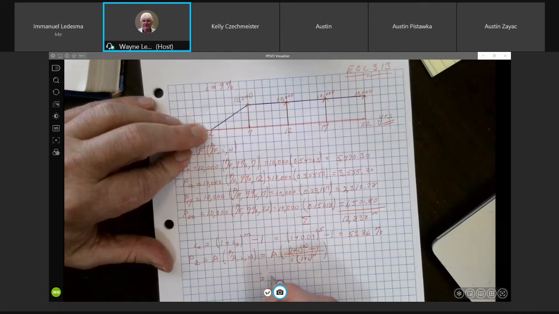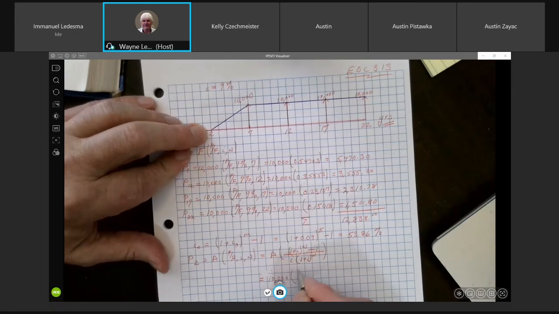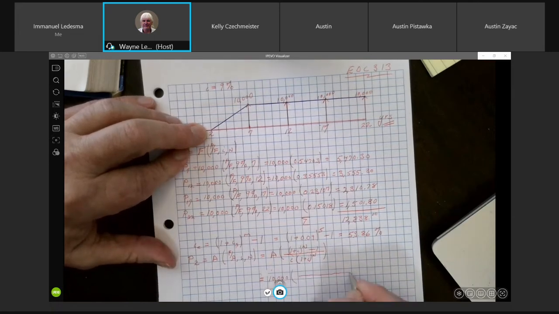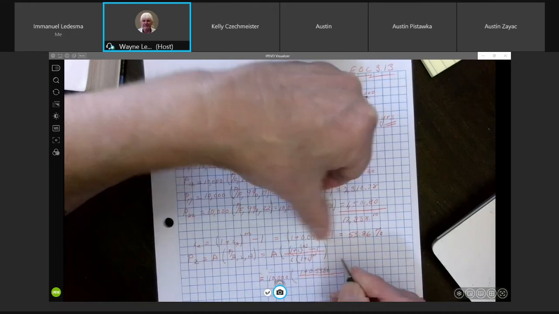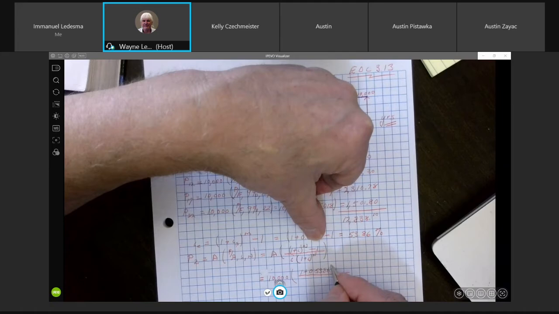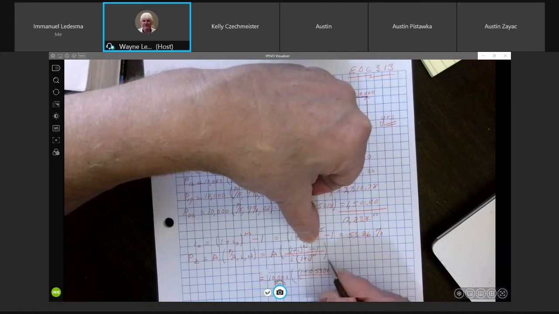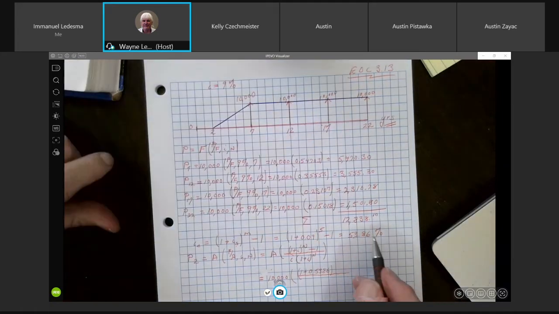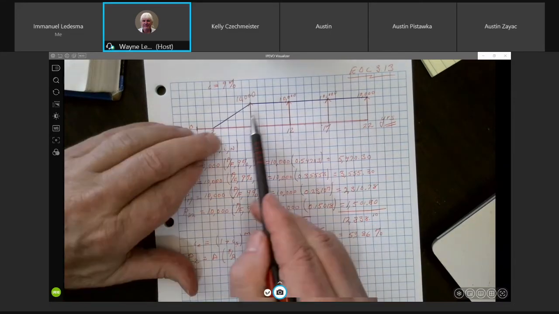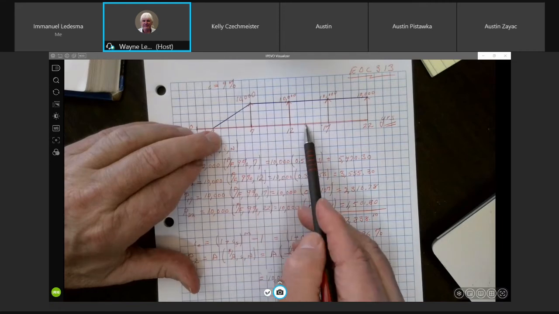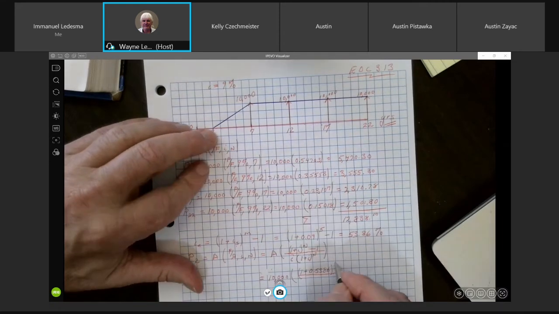So the annuity here is going to be 10,000 onto 1 plus the interest, which will be 0.5386 to the power of N. N in this case here, how many intervals are there? Well, there's 1, 2, 3, 4 intervals. So N is going to be 4.